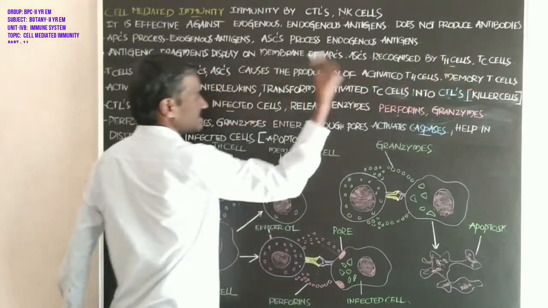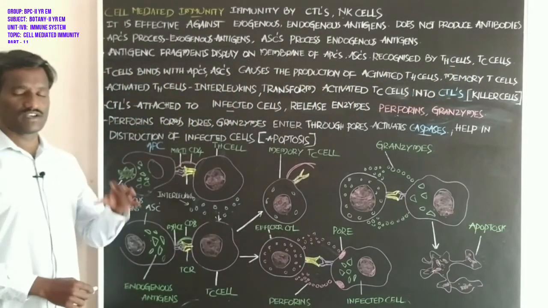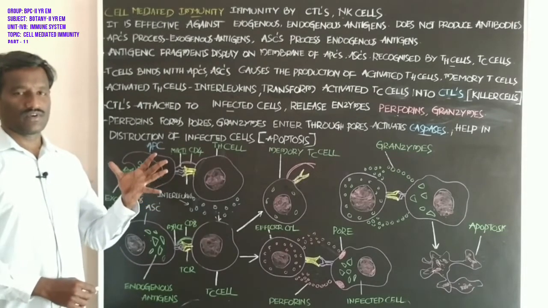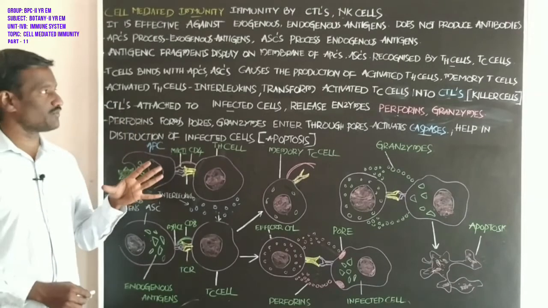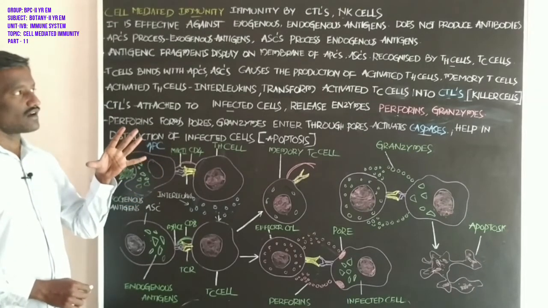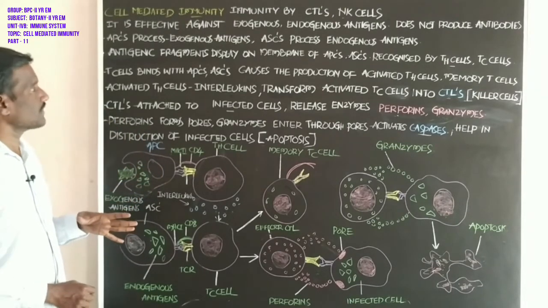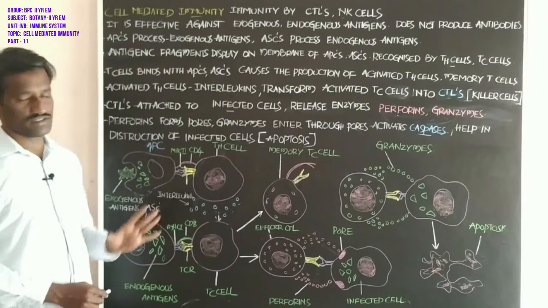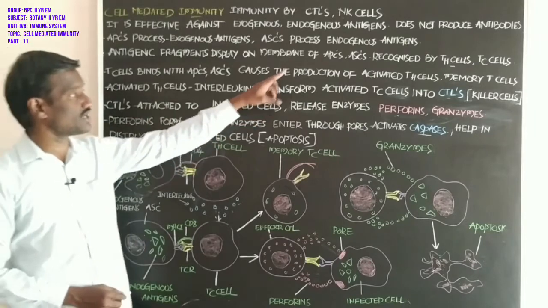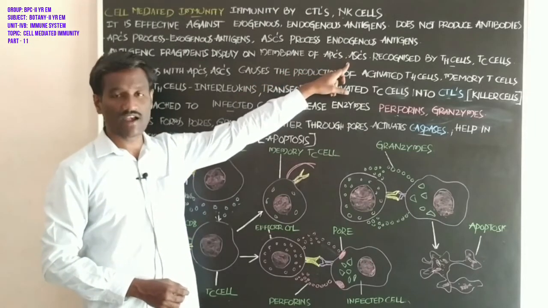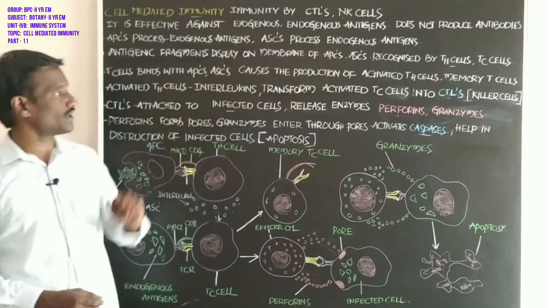T helper cells and TC cells, these T lymphocytes recognize the antigenic fragments displayed on the membrane of the APCs and altered self cells.